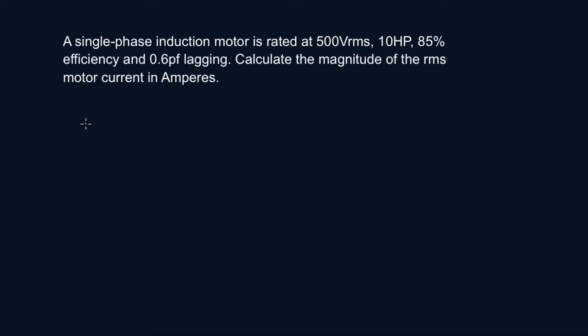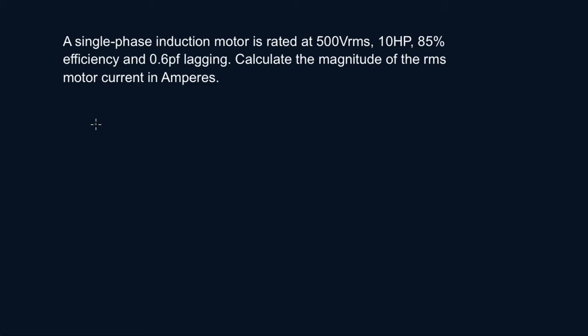So if a motor is said to be 100% efficient, that means all your electrical power is converted to mechanical energy. And of course, there's no such motor. That's the reason why they sometimes tell you the motor is 85% efficient, meaning at 85% it can convert electrical power into mechanical power.